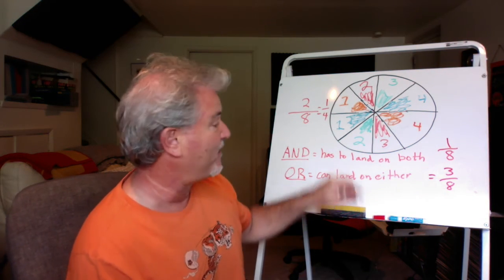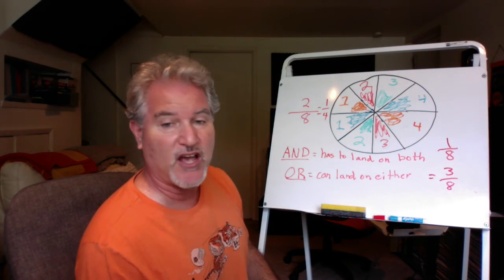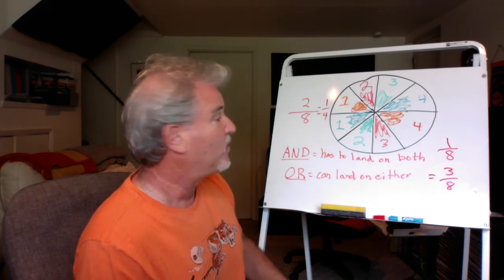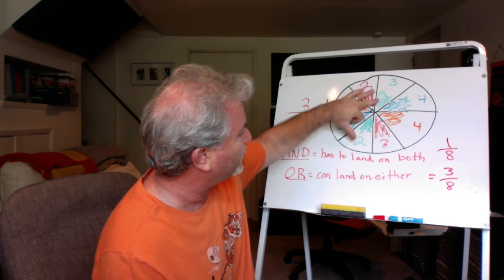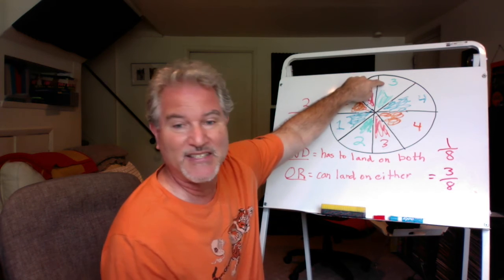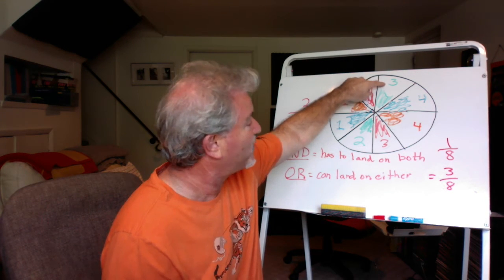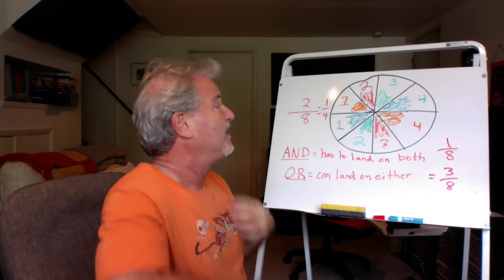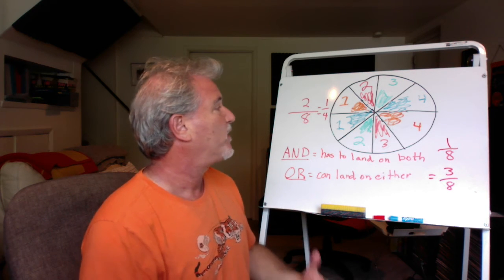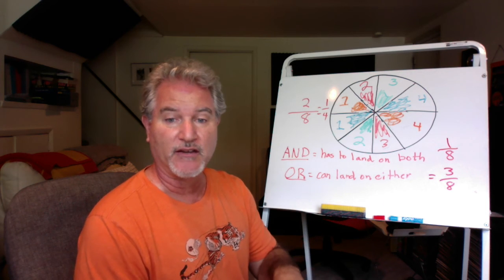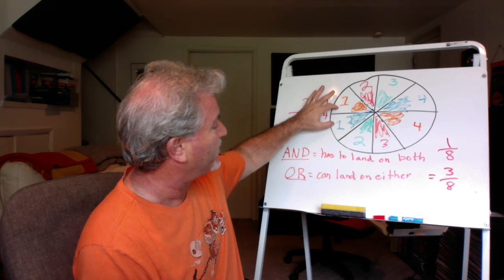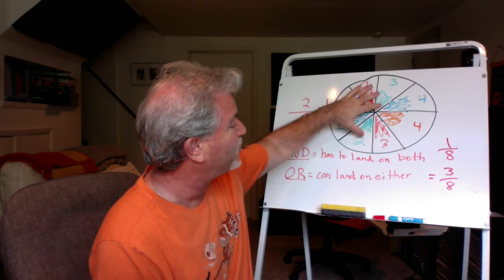Same thing if I said, what if it lands on a 3 or a green? There are 2 3s: a red 3 and a green 3. And there are 2 greens. But one of them is the same, so that means there are only 3 possibilities. Now, what if I say, what's the probability of it landing on a 1 or a green? Now we've got 2 ones that aren't green, and we have 2 greens.